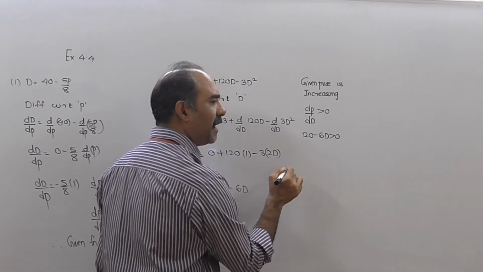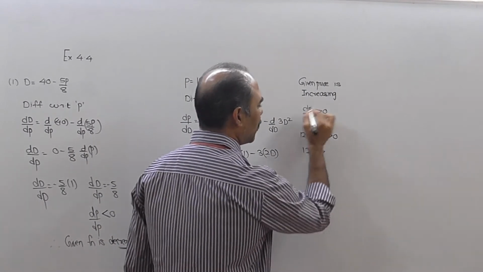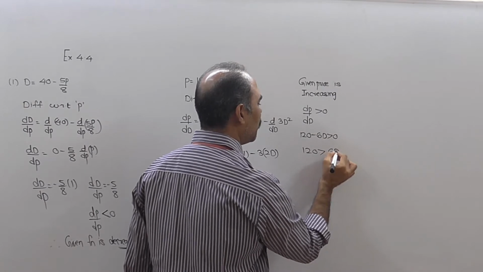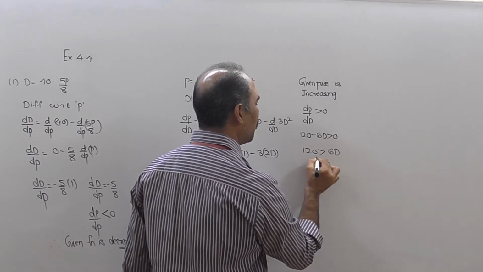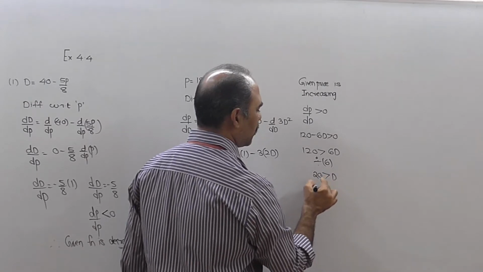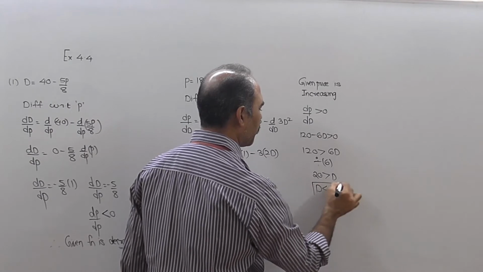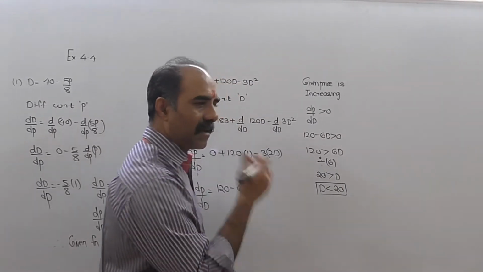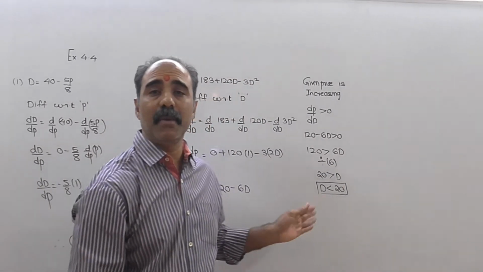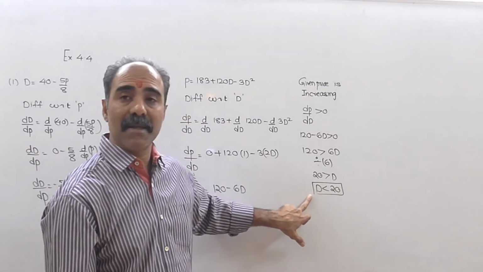So always try to maintain D as positive. So I will say that 120 is greater than, take minus 6D to that side, it will become plus 6D. Divide both the sides by 6, you get 20 is greater than D. So 20 is greater than D means D is less than 20. From the point of view of 20, 20 is greater than D. But from the point of view of D, D is less than 20.